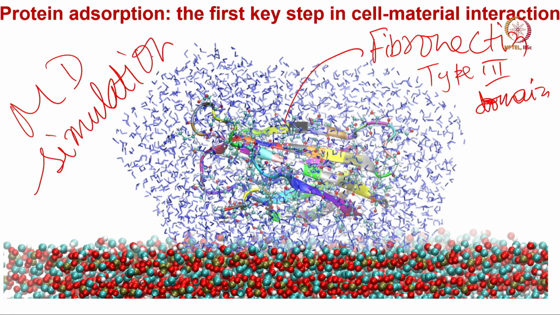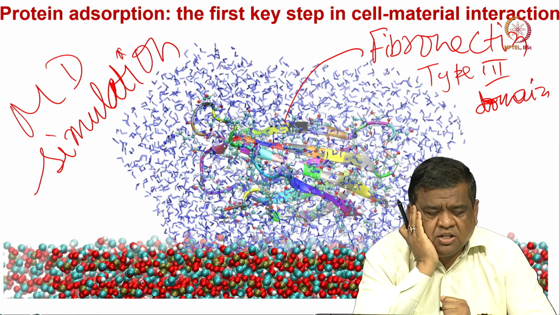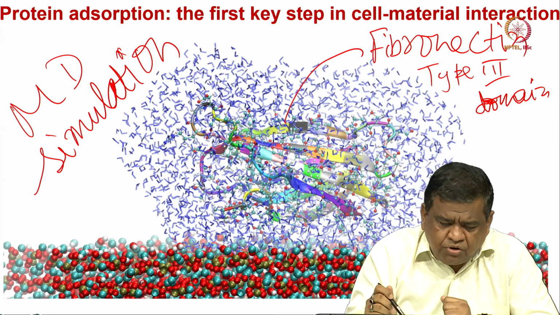As I told you in the last lecture, protein adsorption is important. I just wanted to show you this slide for you to understand how protein adsorption study is conducted using computational platforms like MD simulation, molecular dynamics simulation, without going into details.